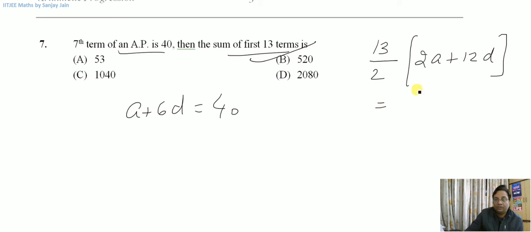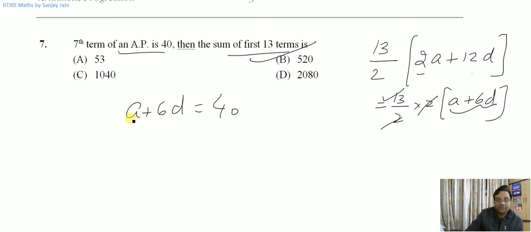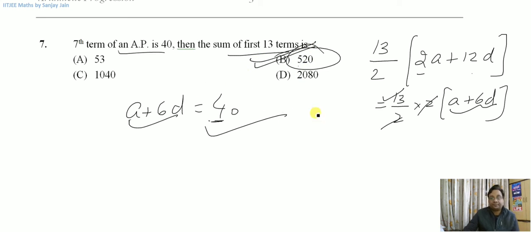If I take 2 common, then it will be a plus 6d inside. So I just need to find 13 into (a plus 6d), which is already given as 40. 13 into 40 is 520. So 520 is the correct answer, right?